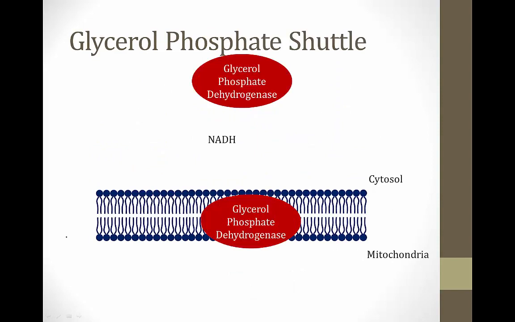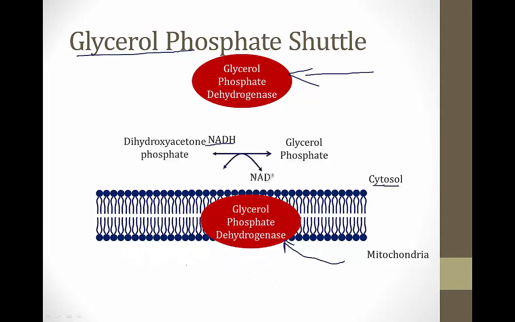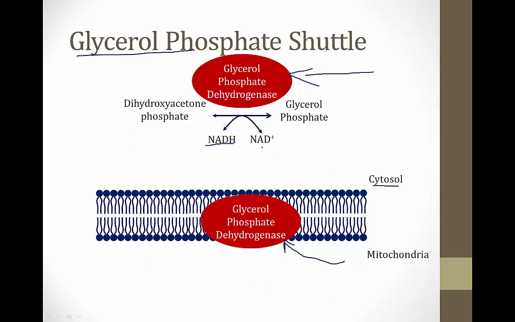The second method by which NADH can transfer its electrons into the mitochondria for use in the electron transport chain is called the glycerol phosphate shuttle. This involves an enzyme called glycerol phosphate dehydrogenase that is present both in the cytosol and also in the mitochondrial membrane. In this case, we start with a molecule of NADH that is present in the cytosol from glycolysis, and we convert it into NAD+ using the enzyme glycerol phosphate dehydrogenase.